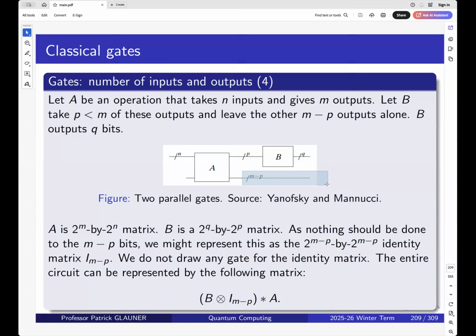Like this, we can model this parallelism, even though there's no gate. If there was a gate, we would use some other matrix, but since there's no gate, but we still run m minus p in parallel, we need to model this with an identity matrix. Otherwise, we have the wrong dimensions and this will not work any longer.